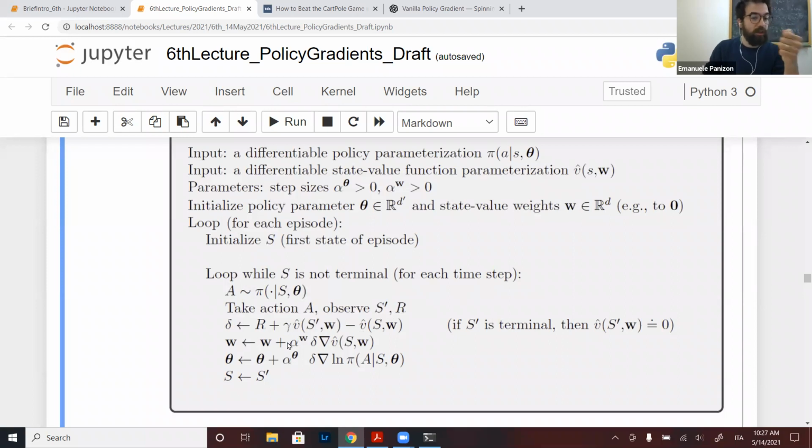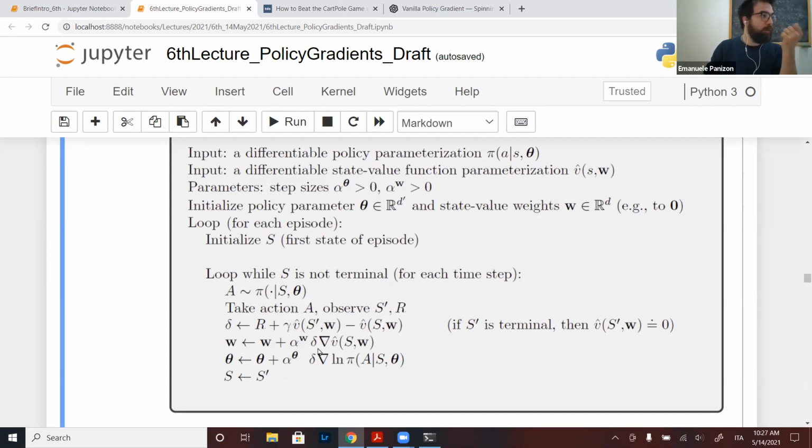With this TD error I change my estimation of the values, so the parameters which correspond to the values. And then using the same TD error and this formulation here, I change my parameters which construct the policy. Then I'm in a new state, so I do this at each step. Then a new step, new action, and so on.